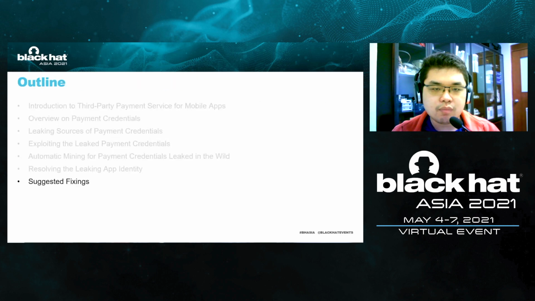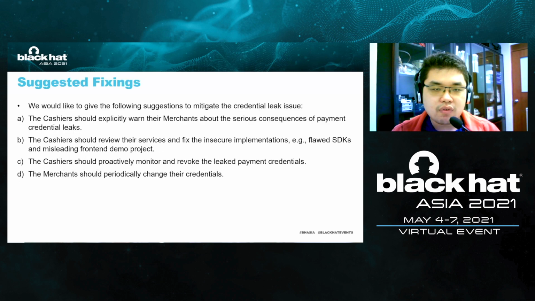Finally, I will give some suggestions for fixing the payment credential leaks to conclude this talk. First, the cashiers should warn their merchants about the serious consequences of payment credential leaks. Next, the cashiers should timely fix their insecure implementations, such as the flawed backend SDKs and misleading front-end demo projects.